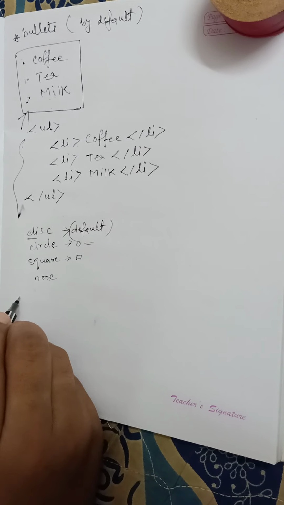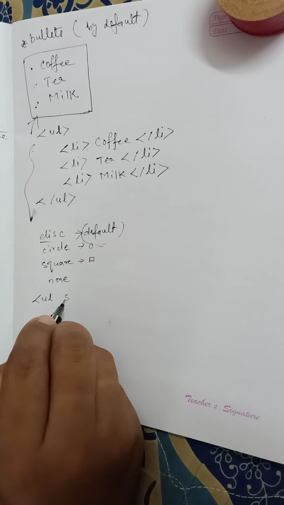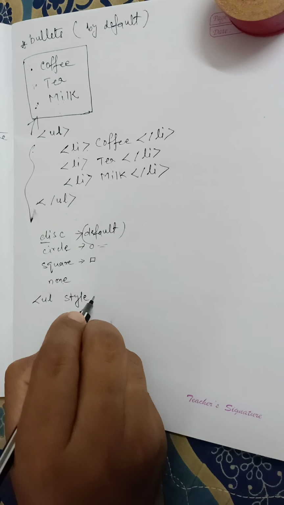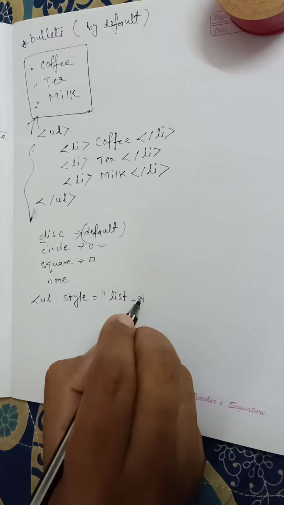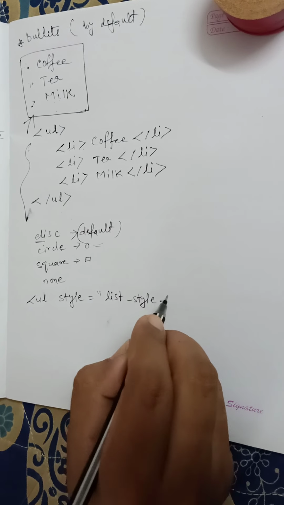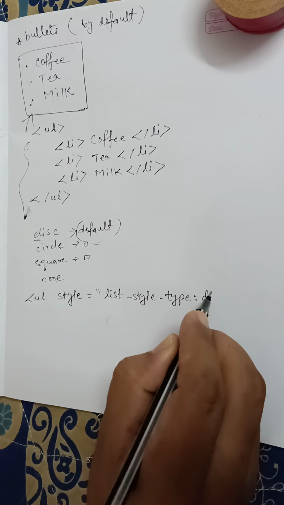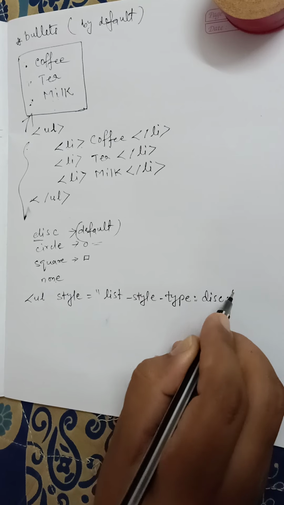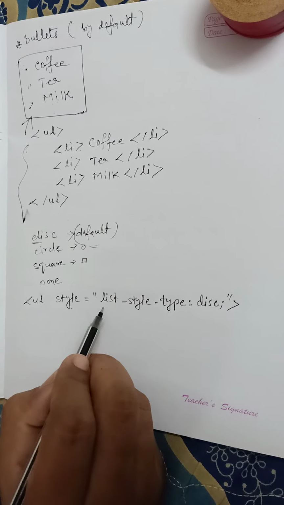Okay, but again the same default type also I can mention using the style attribute. We write it like this: list-style-type, then disk. Use the style attribute.